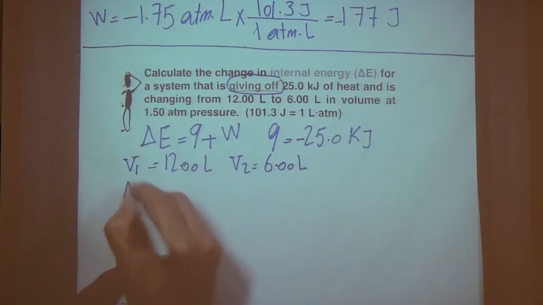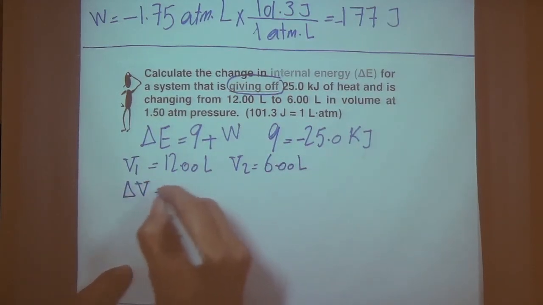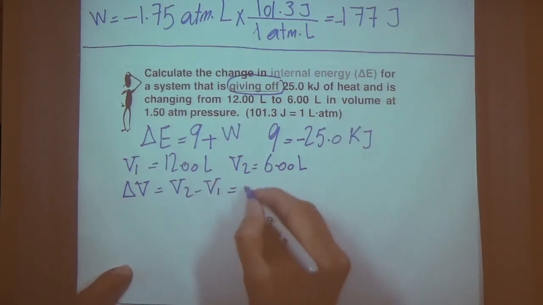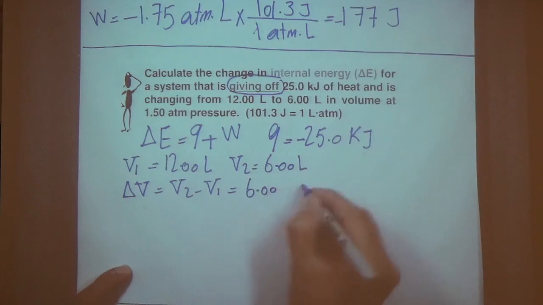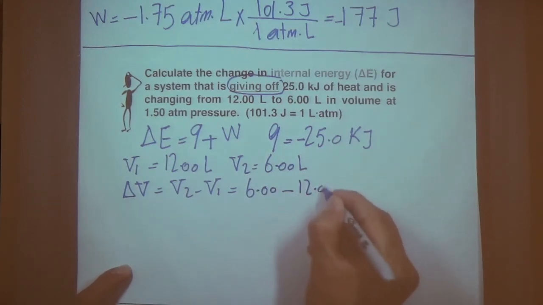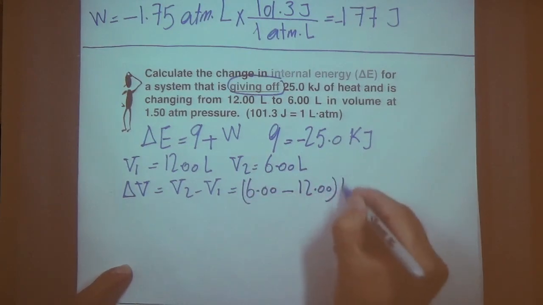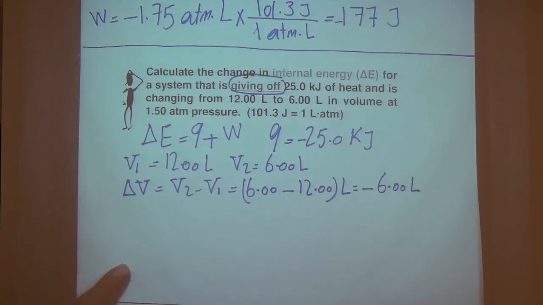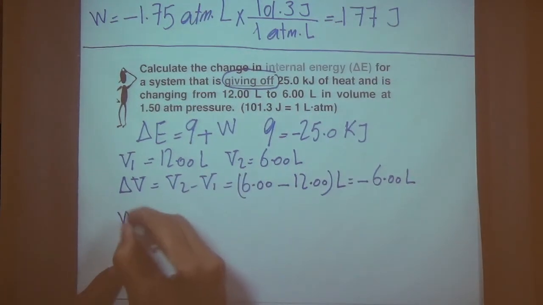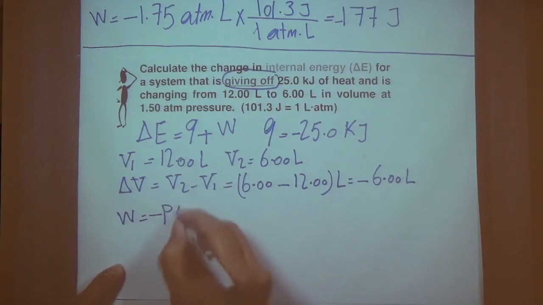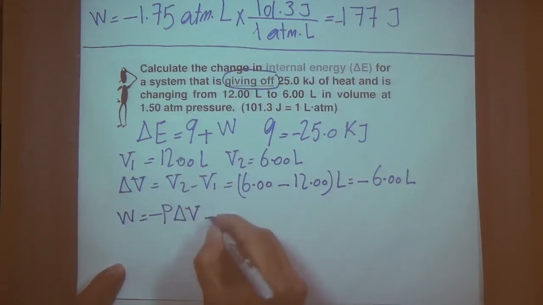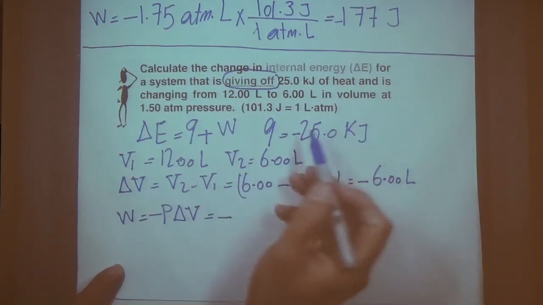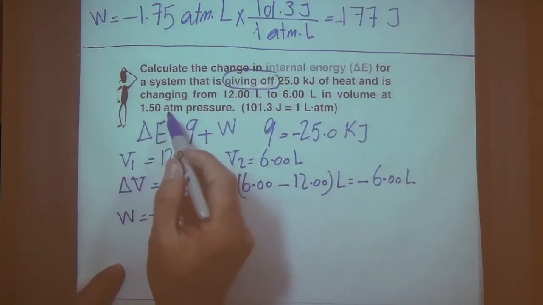So delta V will be V2 minus V1. You go with 6 liters minus 12. It will be minus 6 liters. So work will be minus P delta V. What is the pressure? 1.5 atmosphere.